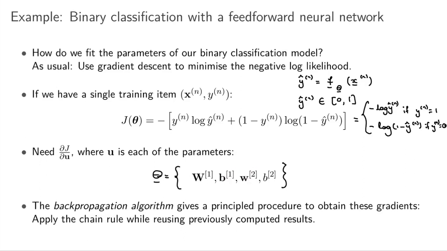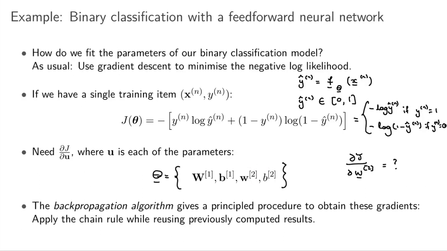Now you could go about this in a more ad hoc way, where you look at that graph and try to manually write down the loss function with respect to, let's say, W2. You can do that, and if you can, that's great, because then you can immediately do gradient descent on W2.